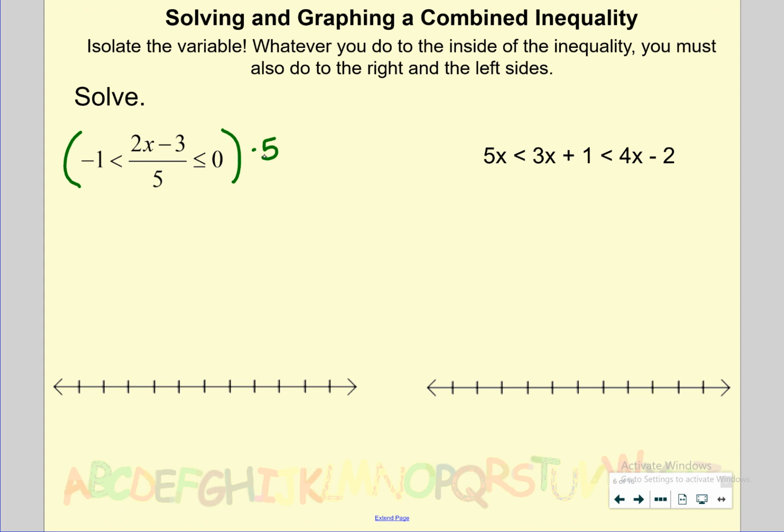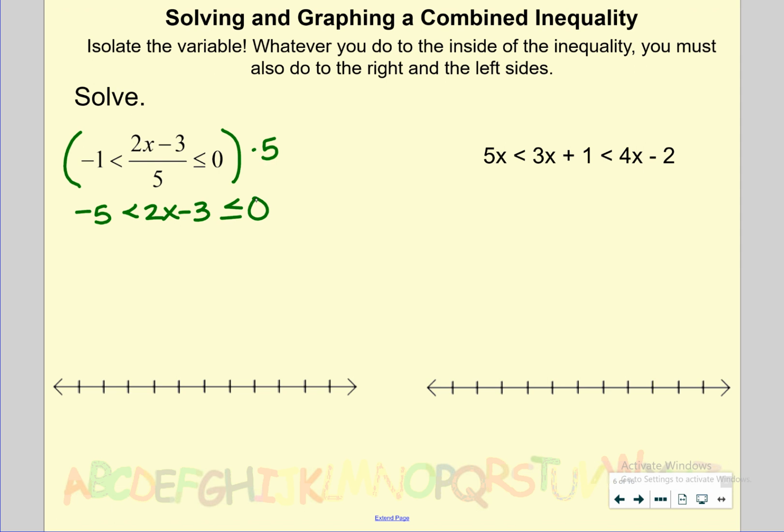Like here, I have this 5 in the denominator, so I don't want that. First thing I'm going to do is just multiply by 5 on both sides. Okay. All right, so I'm just going to multiply, instead of both sides, all three pieces of my inequality by 5. So it'd be negative 5 less than 2x minus 3. It'll cancel in the middle. Less than or equal to, it's still a 0 on that side. Then how do I get the x alone?